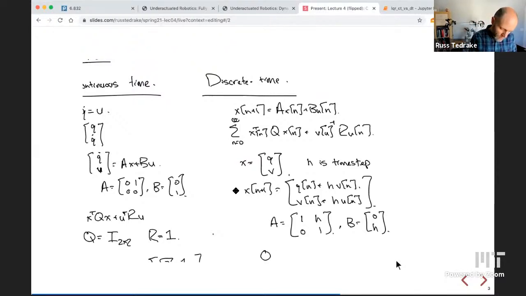My Q, I'll do almost the same. Maybe just to keep the integral looking the same, I'll multiply it by h. So I'll do h times the 2 by 2 identity, and R will just equal h. So if I called this original S the continuous time S, then what can I say about the discrete time S?